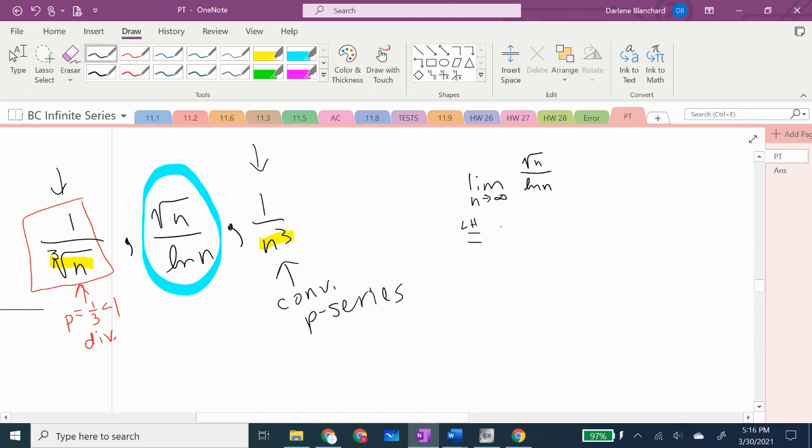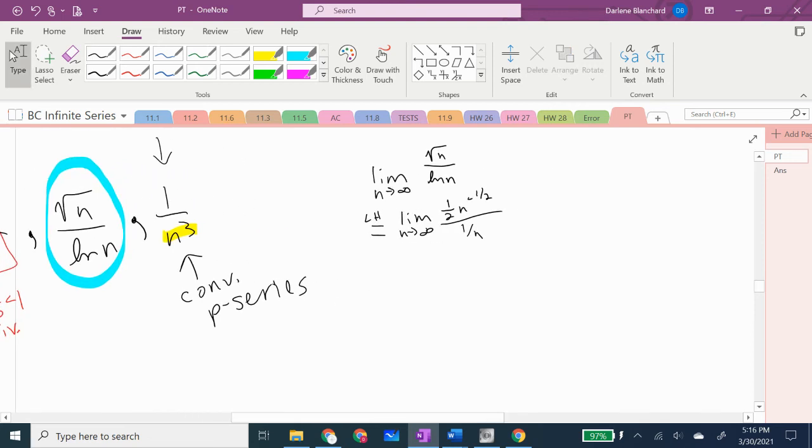If I L'Hopital, then I take the derivative of the square root of n, and then separately I take the derivative of the natural log of n, and it's time to play a rearrange game.